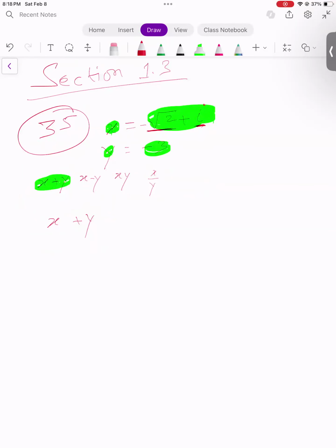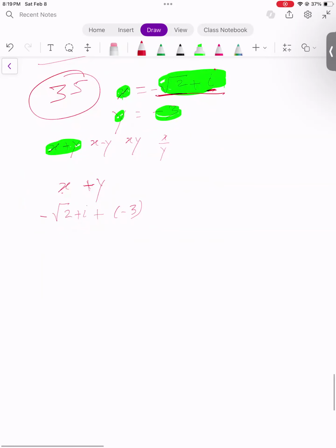So what do we know about our x? Our x is negative root 2 plus i. What do we know about our y? Which is negative 3. If you have a negative number or more than one term, make sure you are using parentheses. Now, let's simplify. Simplify means you are looking for the like terms. Let's get rid of this parenthesis first. So negative root 2 plus i, times, this is a times here, negative 3 is negative 3.